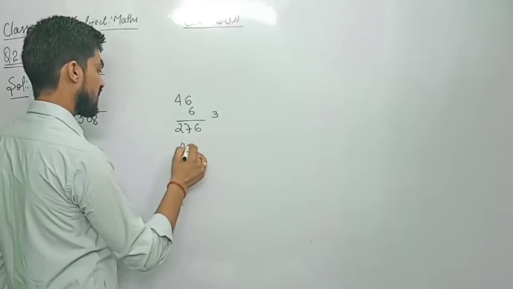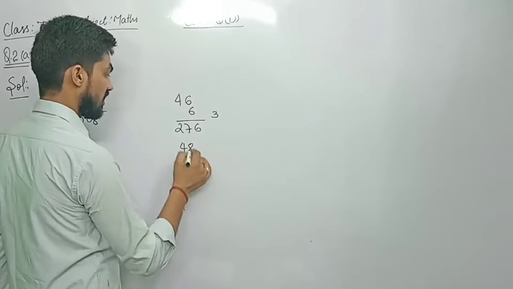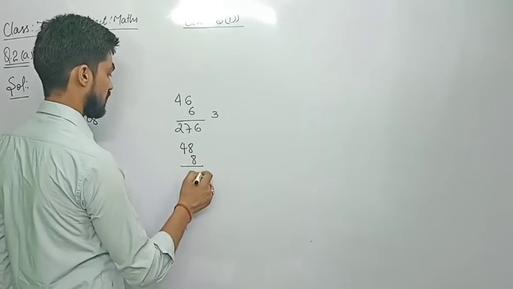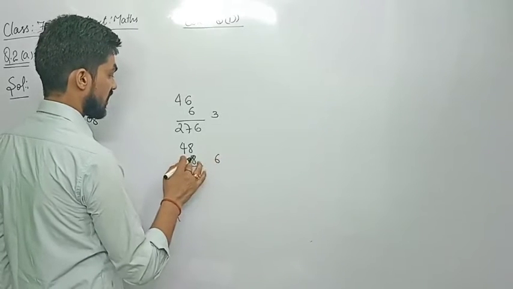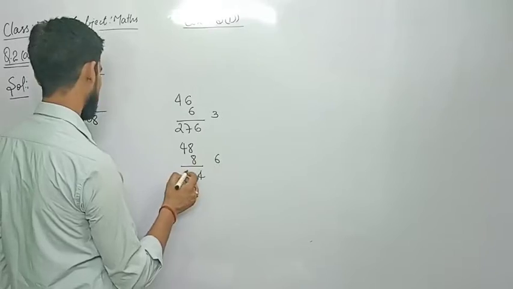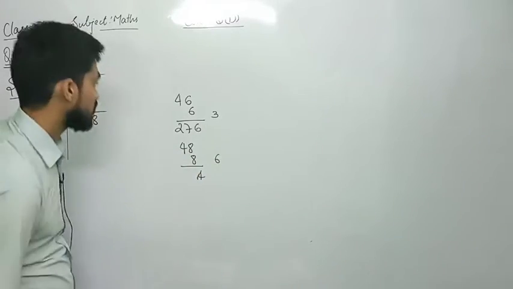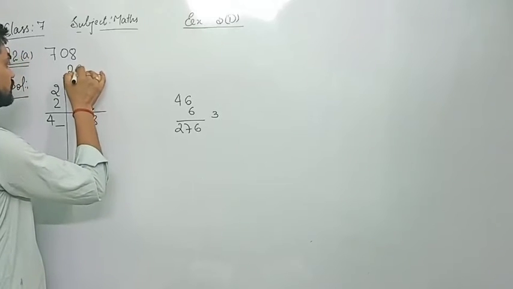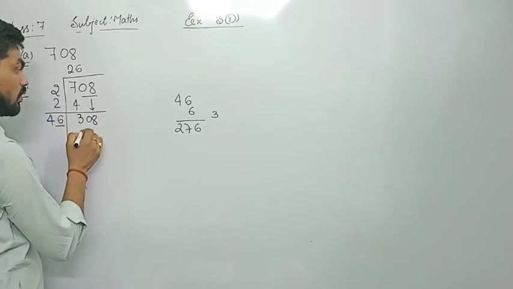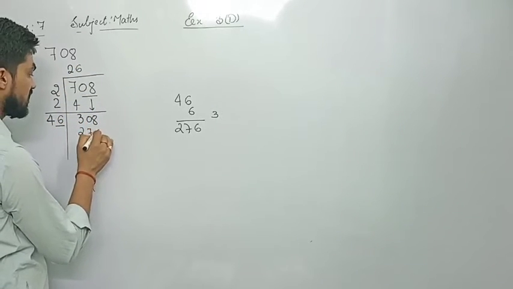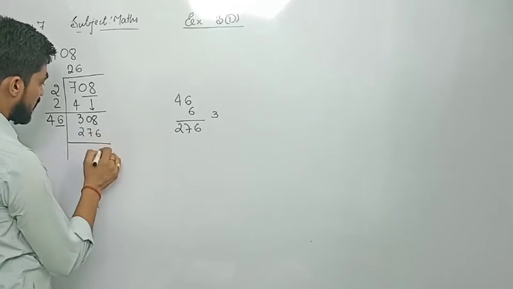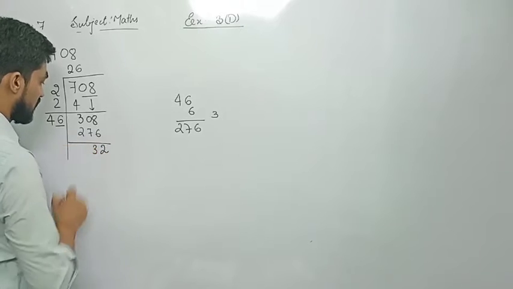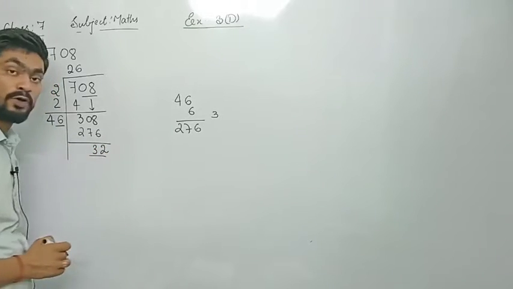If I take 8, 8 8s are 64, 8 4s are 32 and 6, 38. It will be more. So we shall go for 6 only. We shall get 276. 8 minus 6 is 2, 10 minus 7 is 3. So 32 is the remainder.